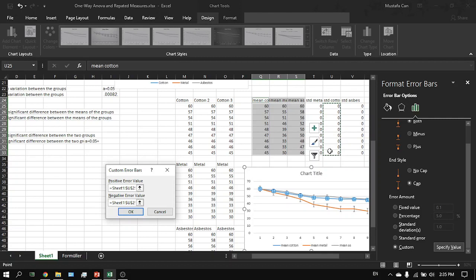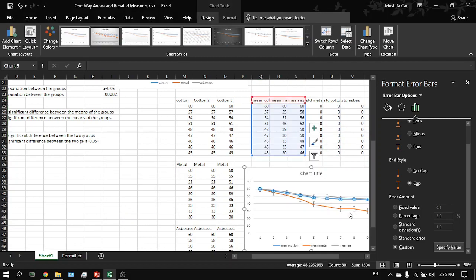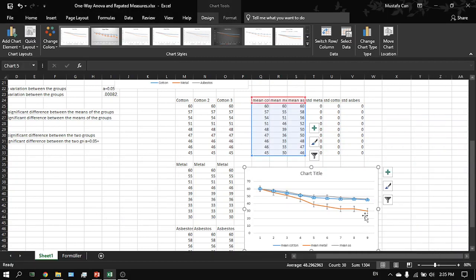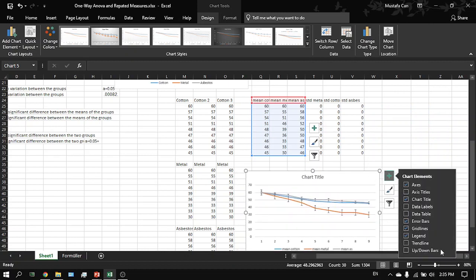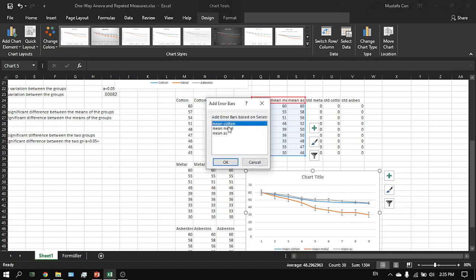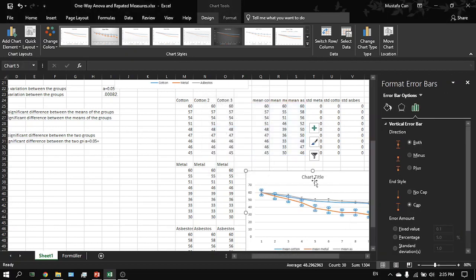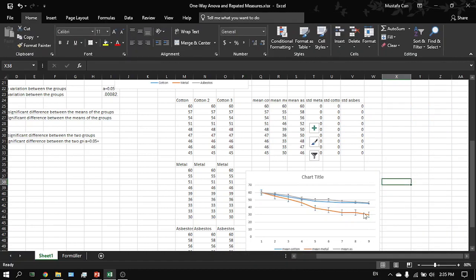I select standard deviation for cotton. They're all the same. It doesn't matter. I repeat the process. Plus error bars, more options, and I come to metal. I select it for asbestos, and it will give the values for these. Around here you can see that there's no significant difference.